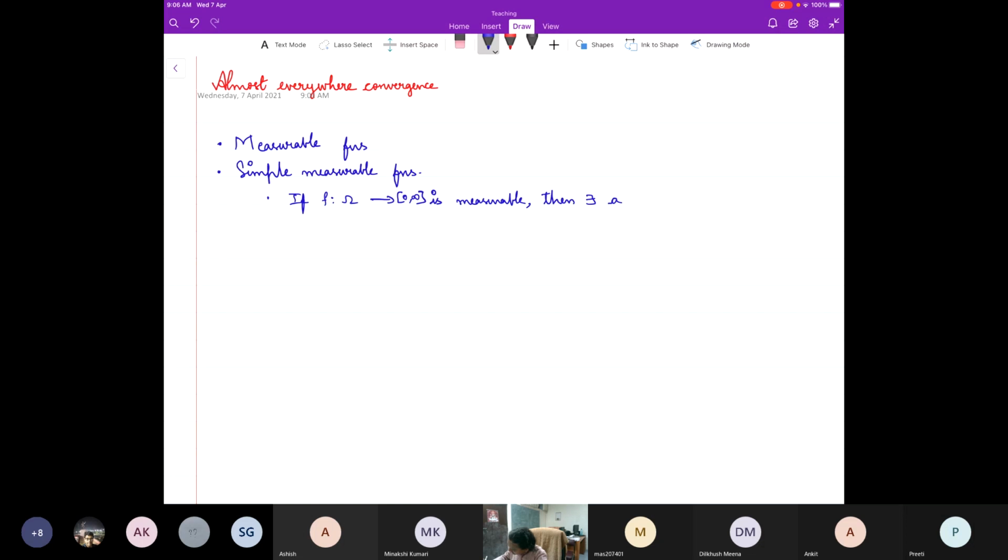If it is measurable, then there exists a sequence Fn such that Fn is a simple measurable function for each n, and Fn is greater than or equal to 0 for all n in N.